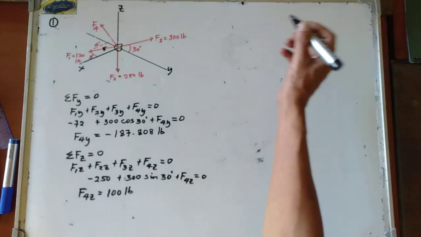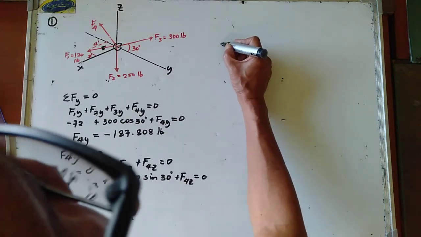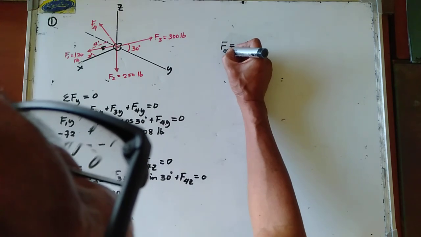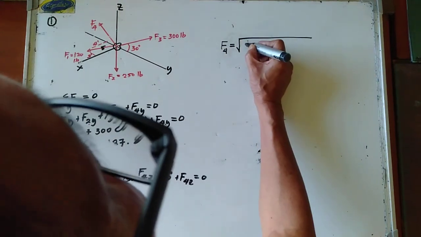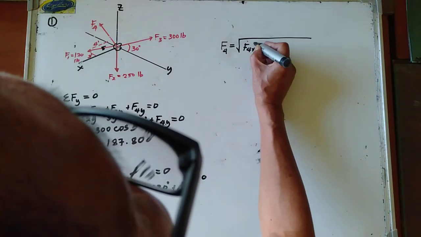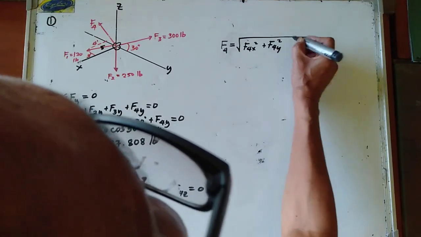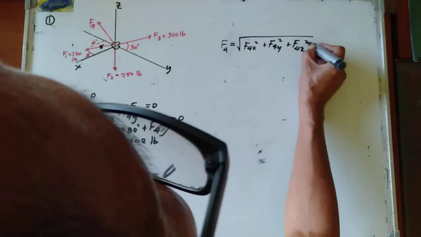So let us try to determine now the magnitude of F4. The magnitude of F4 is equal to the square root of F4x squared plus F4y squared plus F4z squared.